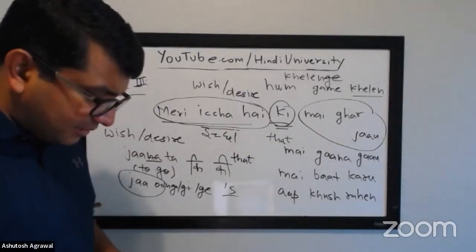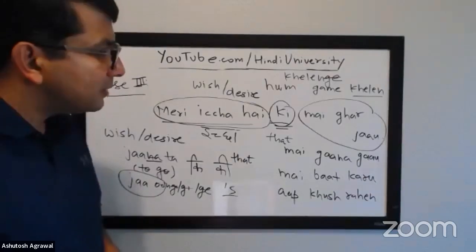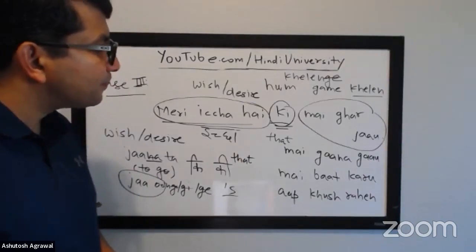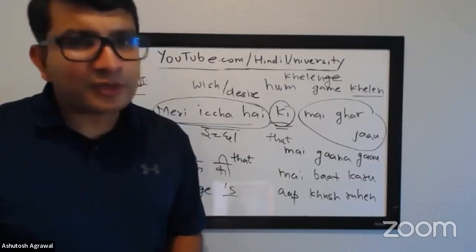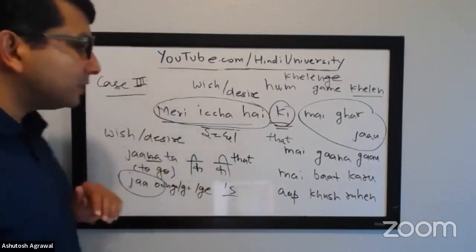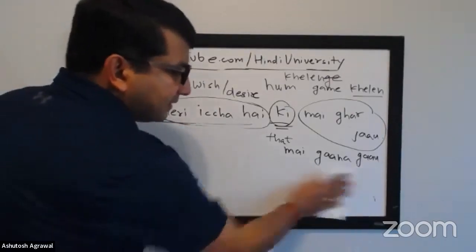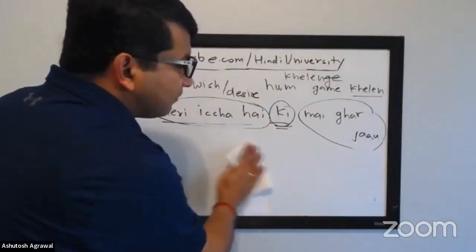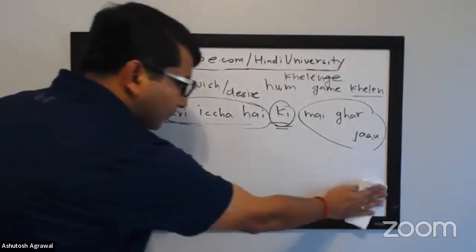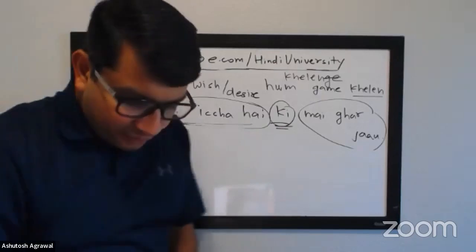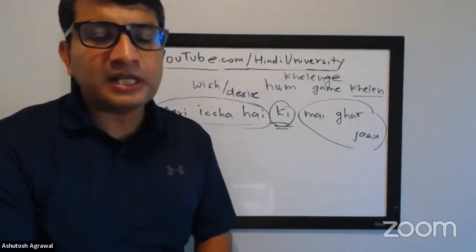If your desire is there, it won't make sense with jaungi. So with मेरी इच्छा है, it will always be the subjunctive form of the verb. मैं घर जाऊंगी is a little bit more definite, like I will go home. But if you're expressing your desire, it ends up being मेरी इच्छा है कि मैं घर जाऊं.